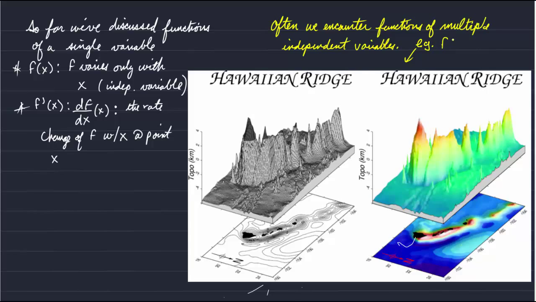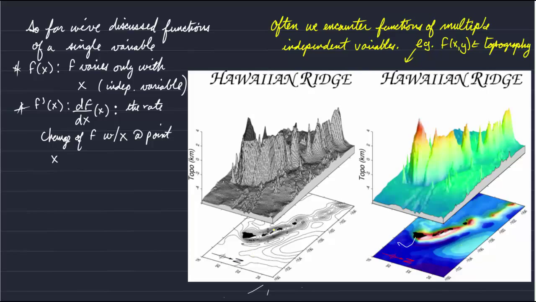So in this case, f of x and y. f is now a function of x, which, for example, could be latitude, and y, which could be longitude, and f is the topography. In this case, around the Hawaiian Ridge. And I've displayed this data a number of different ways.